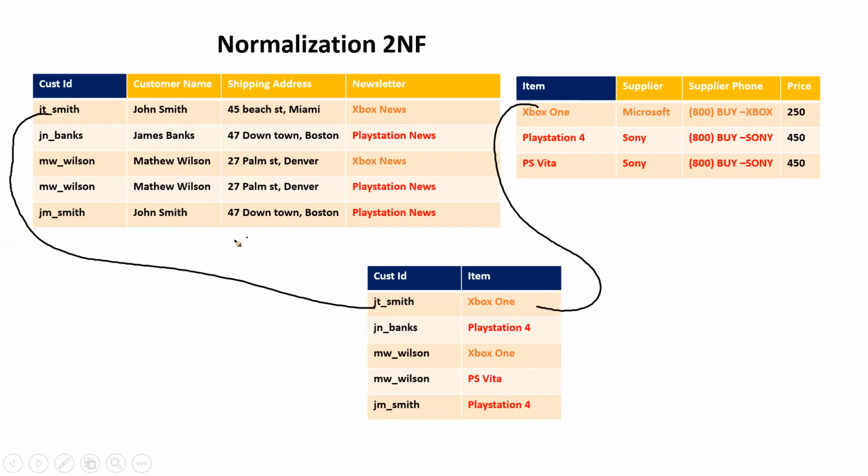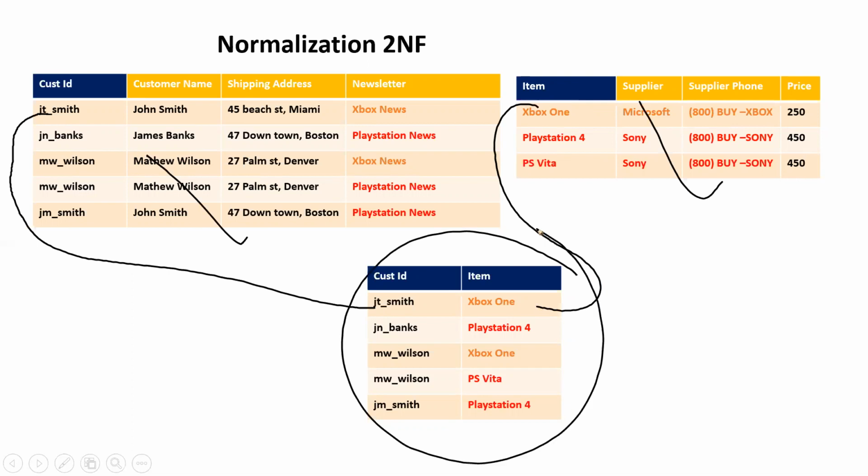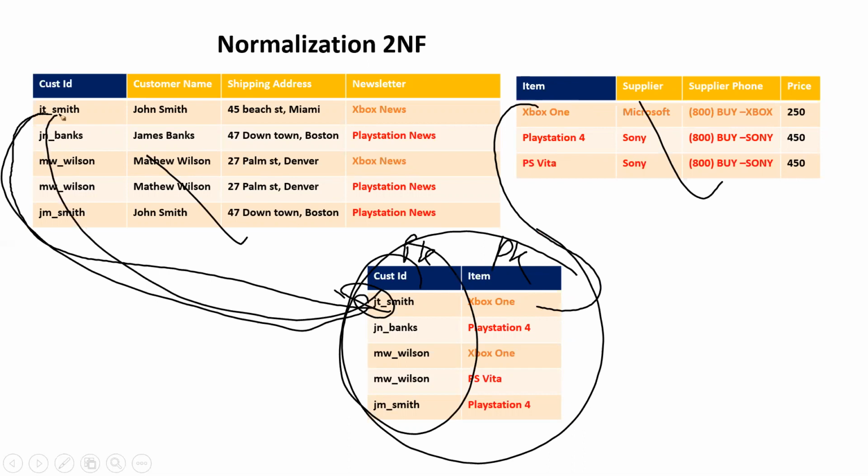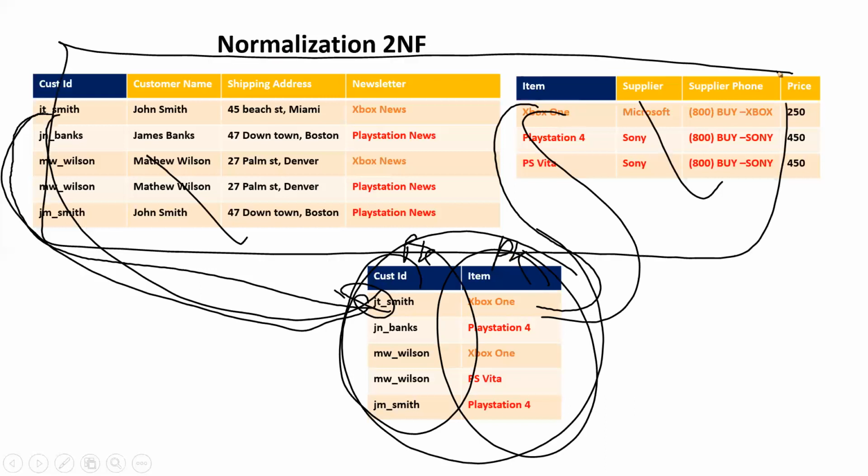Now this table is at second normal form, this table is at second normal form, and then I'm creating this table which is a combination of the primary keys of both the tables. And then I'm using this column joins with this table and this column joins with this table. And I will be able to connect both the tables.